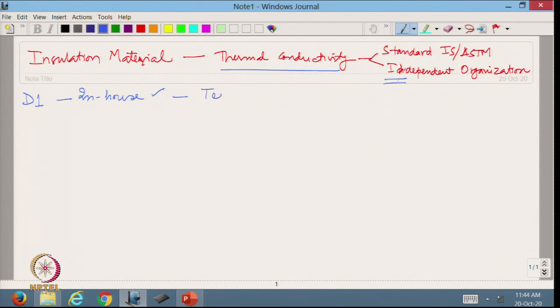So, they can go to a test house or they can go to some other laboratory, which could be in a research lab or in an academic institution, and they say, look, this is what I want, these are my constraints.